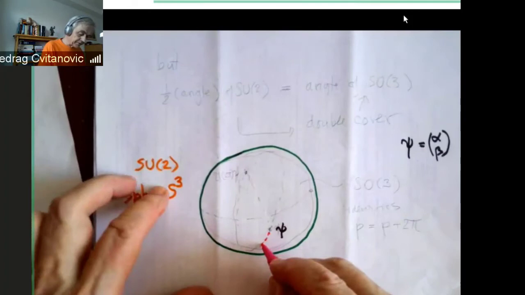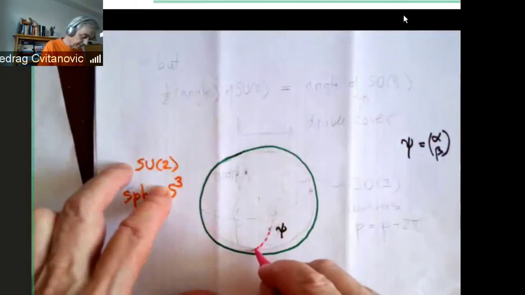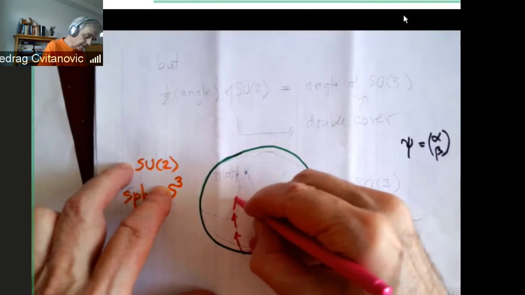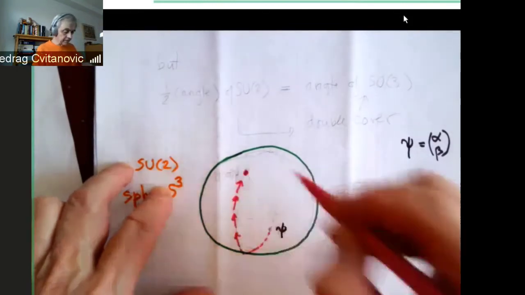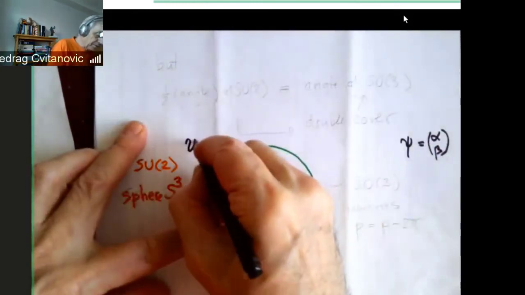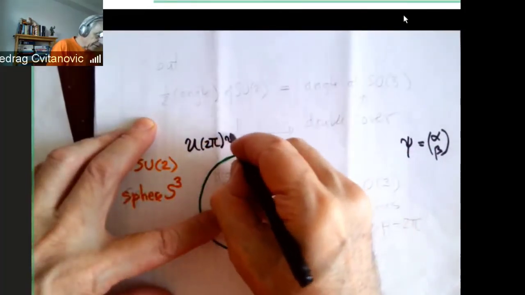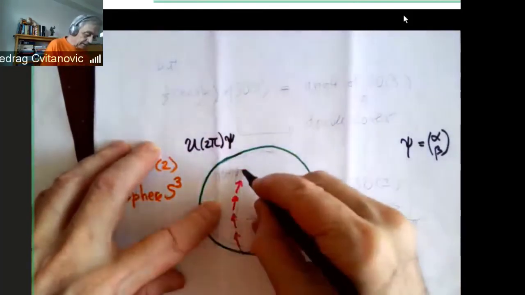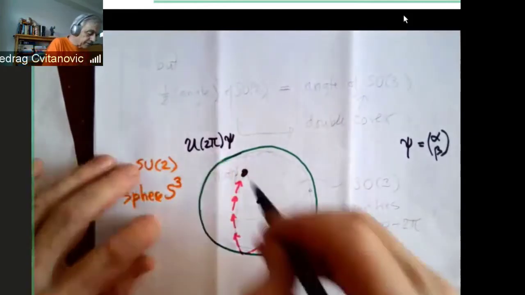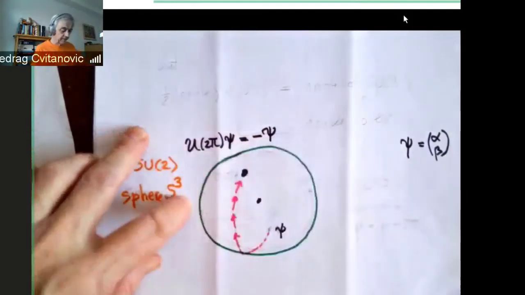As you increase the angle, imagine this guy is on the far side, it's a transparent sphere, we emerge here. And by the time you get to rotation 2 pi, it turns out that you will be exactly antipodal to the original function, so you'll be really at minus psi of this complex number.